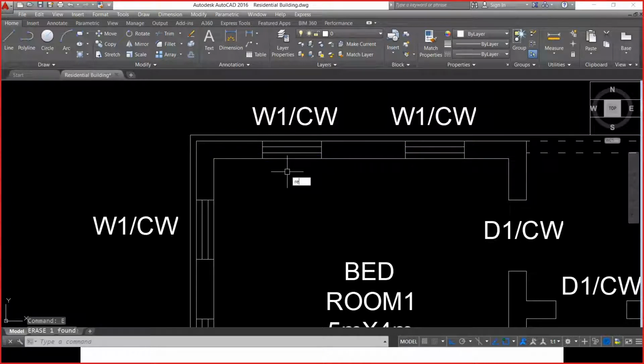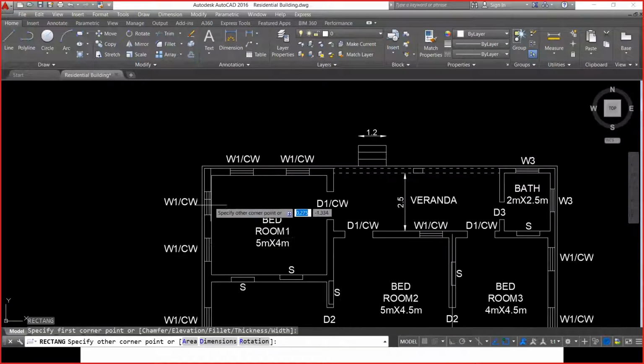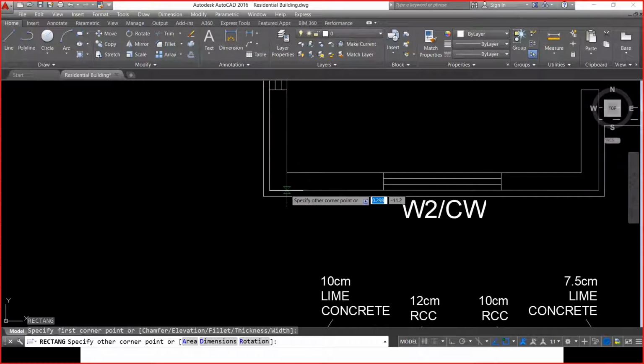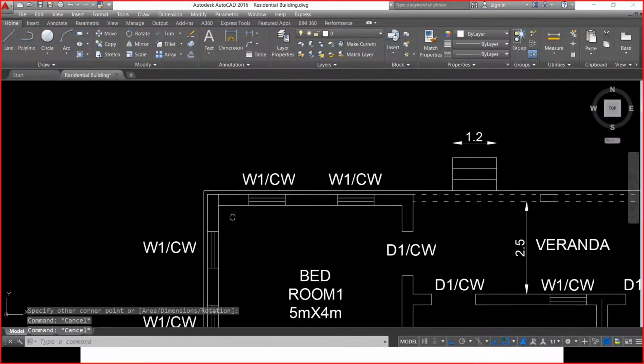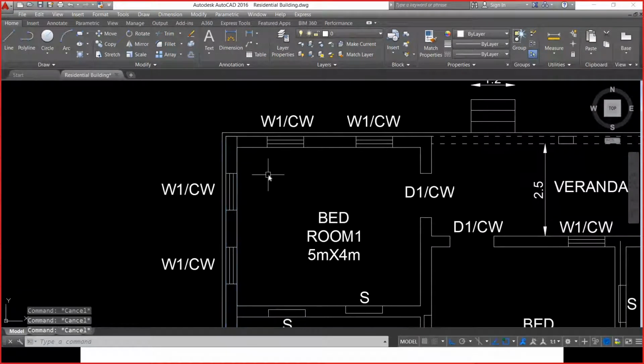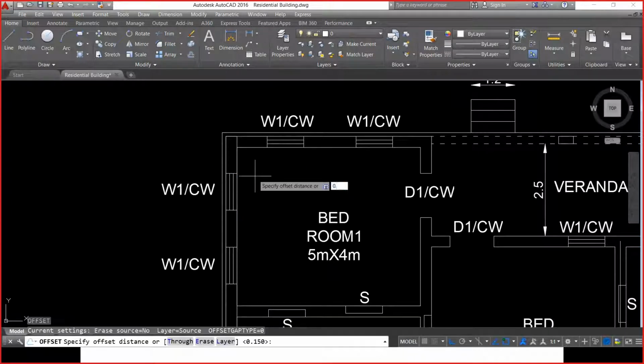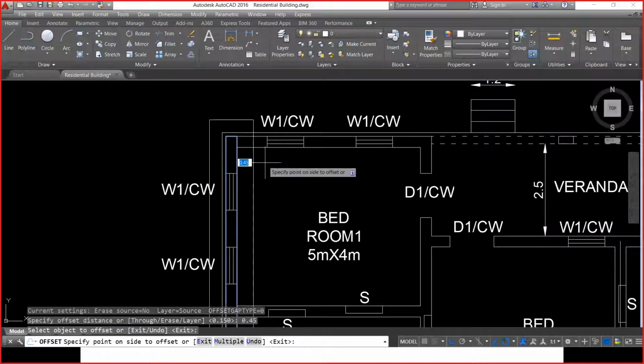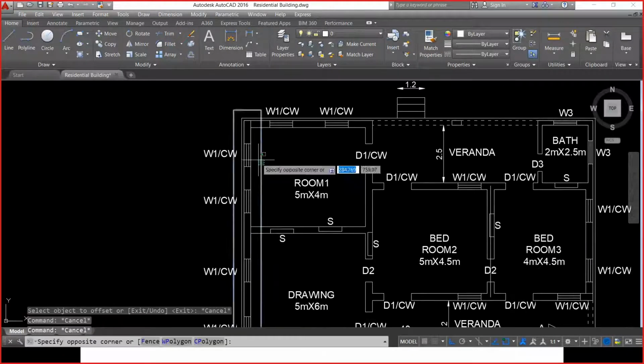Now, since I've already made the excavation for this particular long wall, let me just assume this as the excavation I've made.